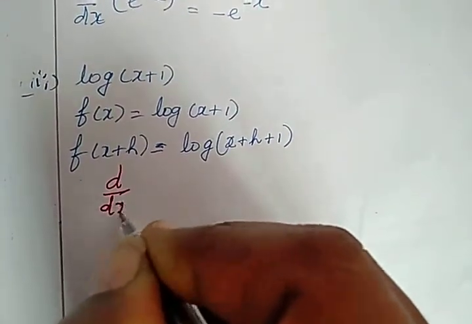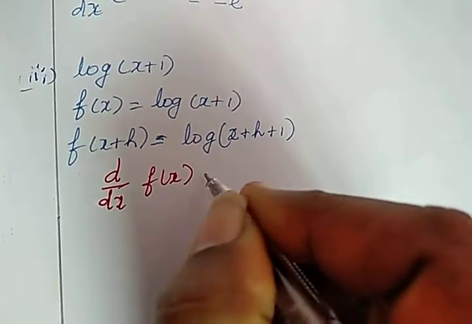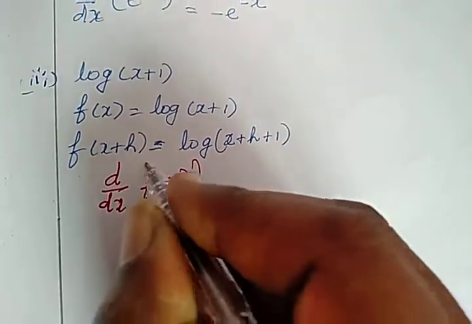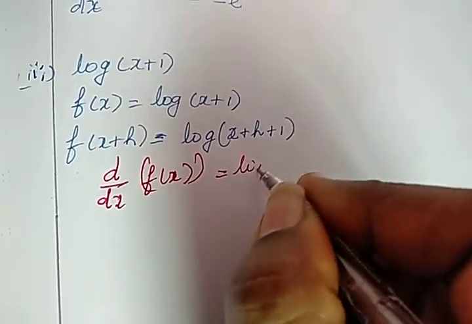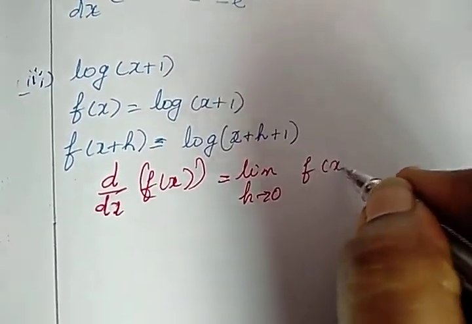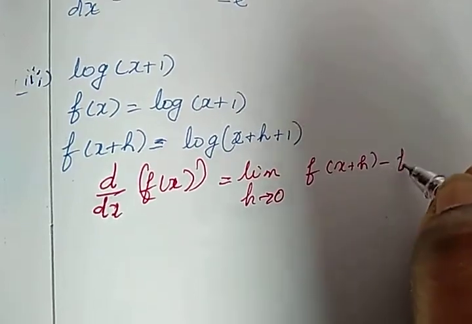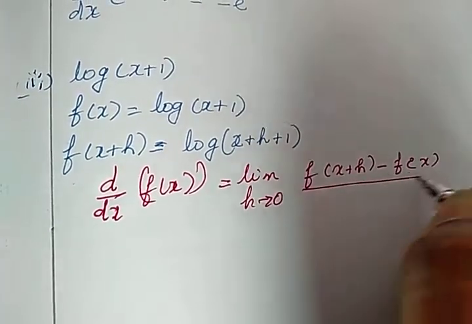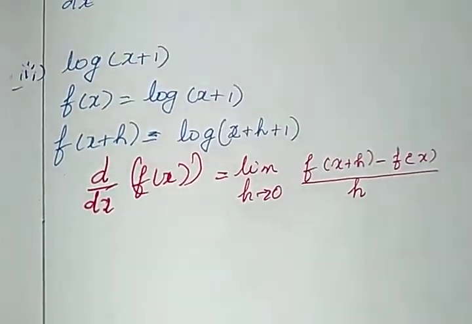d by dx of f of x equals limit h tends to 0 f of x plus h minus f of x the whole divided by h.